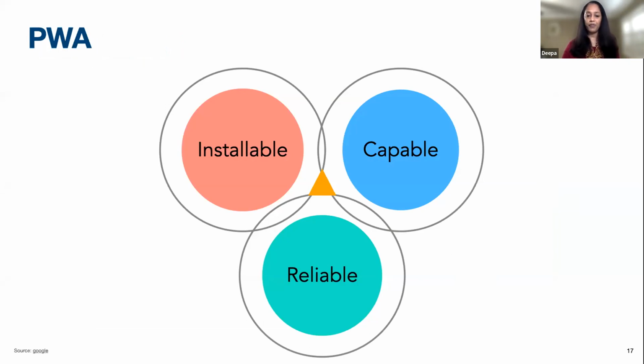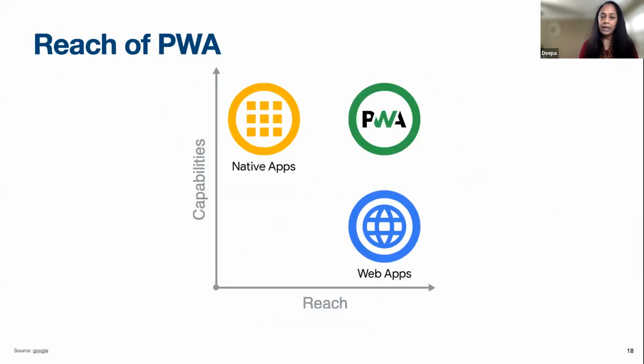That's the beauty of it, and you can enhance your web application to make it a progressive web app, right? So what happens when you make them a progressive web app? The reach becomes equal to a native application.